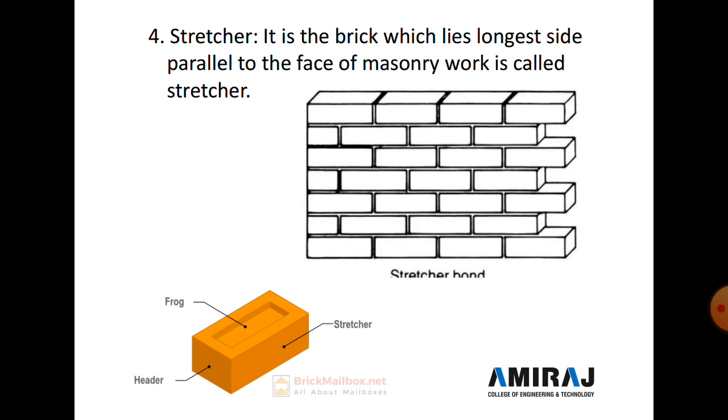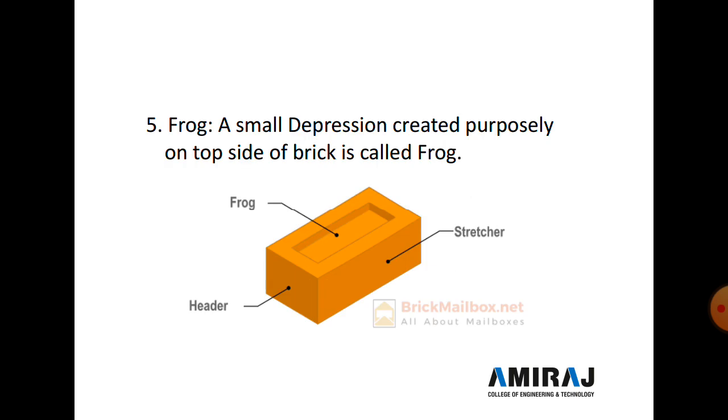Next is a stretcher. A stretcher is the brick which lies with its longest side parallel to the face of the masonry work. See this figure: all the longest parts of the bricks we see from the front view are called the stretcher part, and the bond is called a stretcher bond. A small depression created purposely on the top of the brick is called a frog.